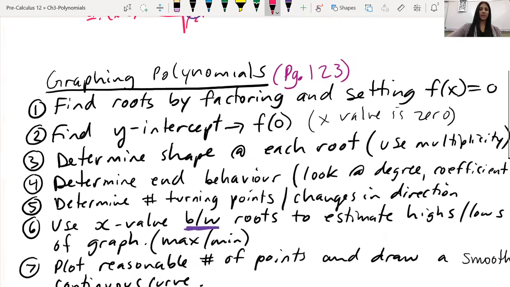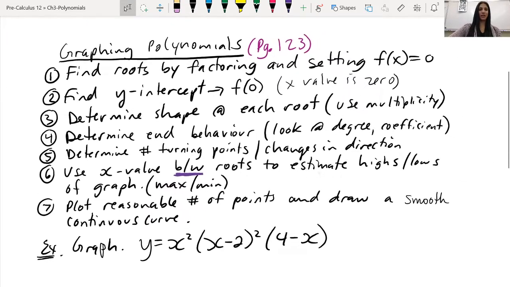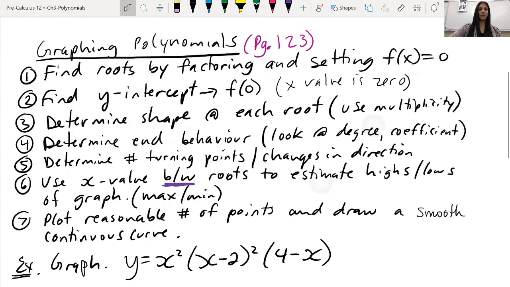I've written the page number here because you actually have all of these written down on that page number, but you also should have all of these notes that I'm writing on. I've sent them to you in your Microsoft Teams class notes folder. So it's up to you if you want to write these down or add information to them if you've printed them off. But let's just quickly go through this.